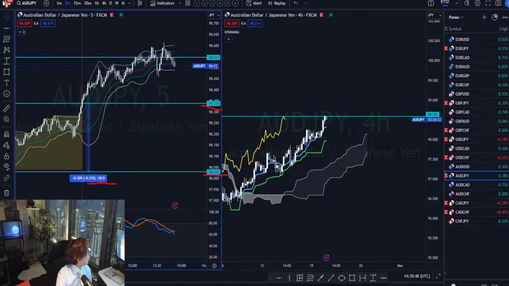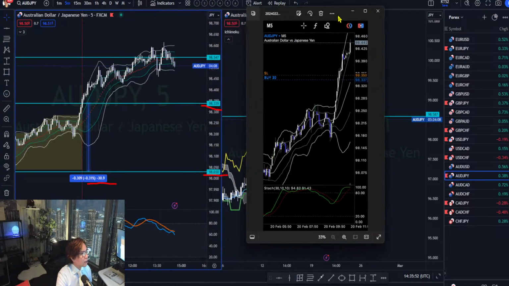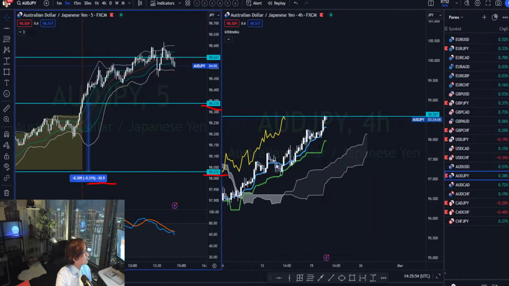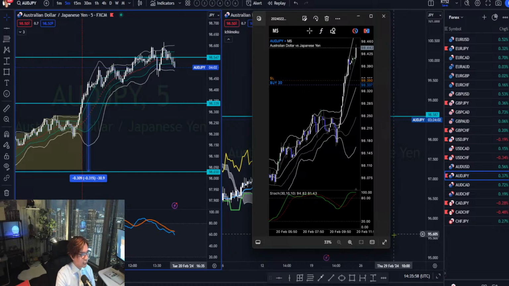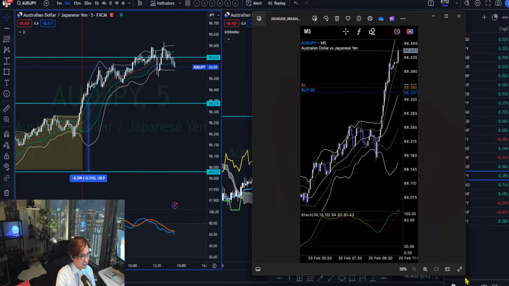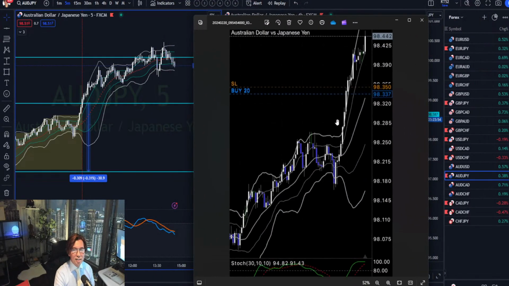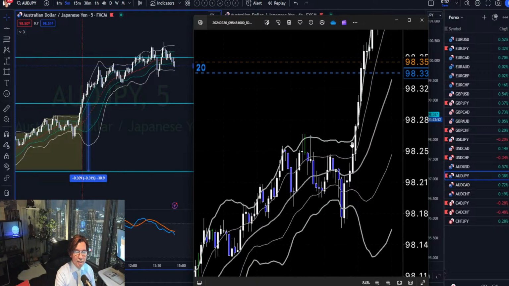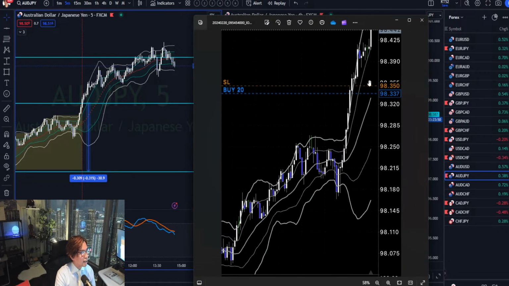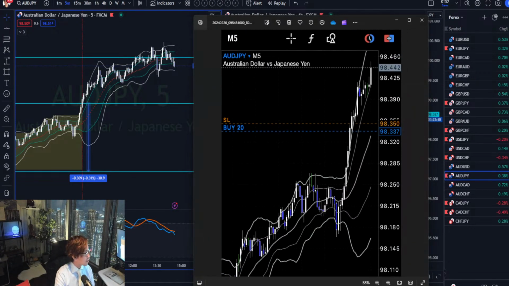Then after that, as I monitored the chart, the market went towards my direction like this. Hold on, let me make it a bigger picture. So I took the trade as the market went up towards my direction like this.